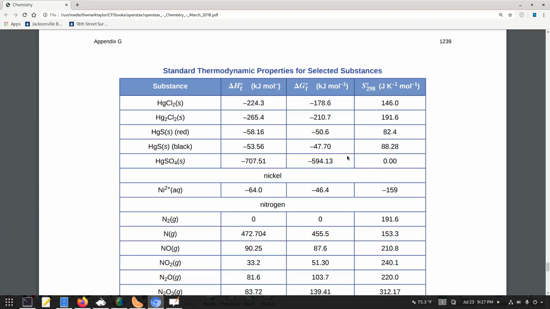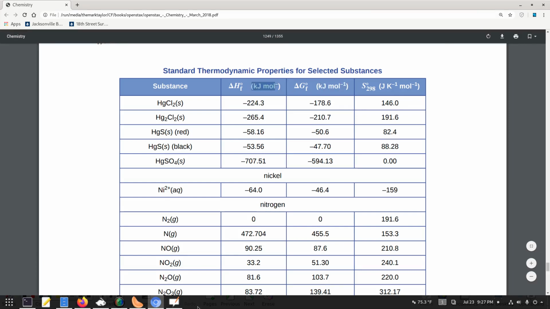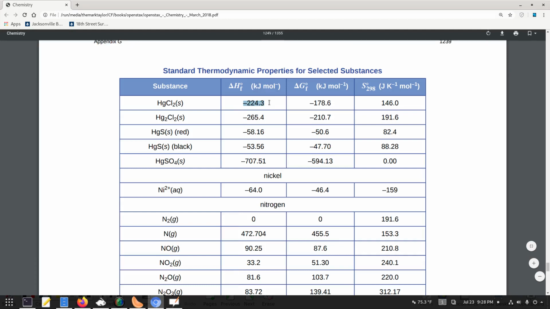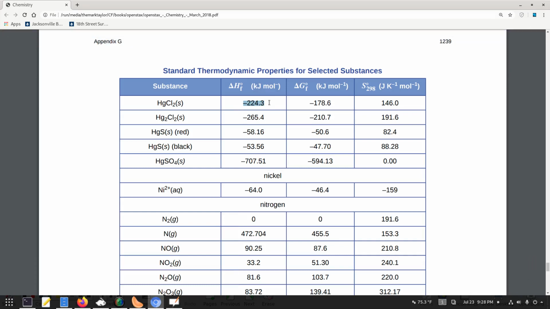And that is also why in the back of your book we have a row that has G's. Now, these units are kilojoules, just like the delta H's. But there is a weird thing here. So exothermic reactions, negative delta H's, were typically found to be spontaneous for a lot of organic style reactions.